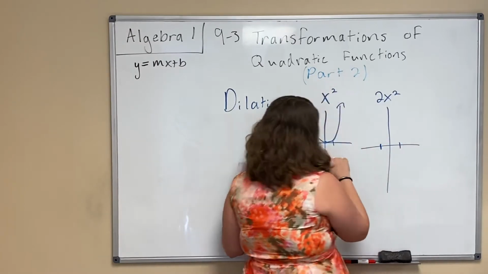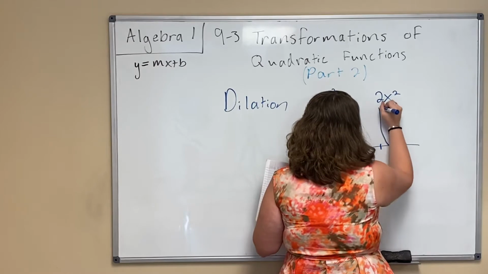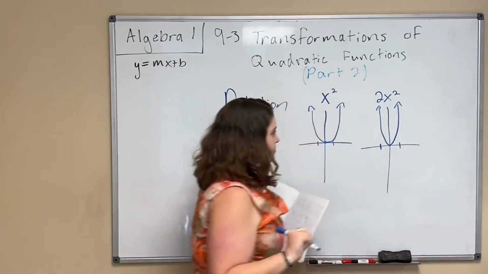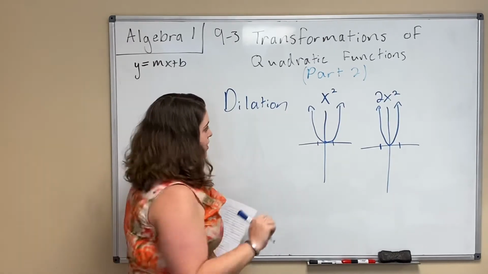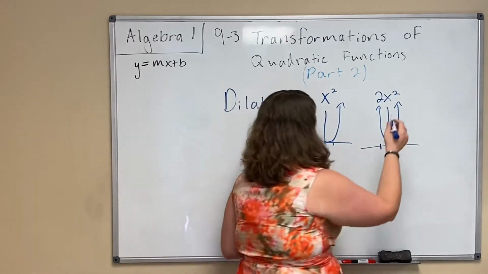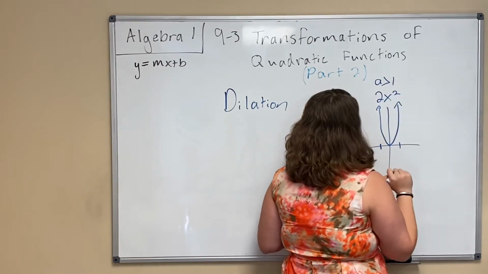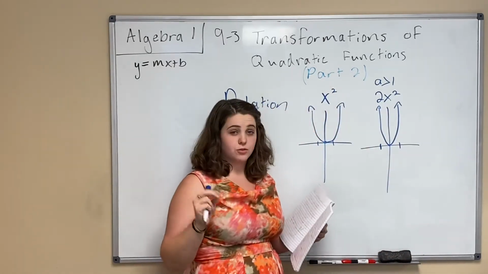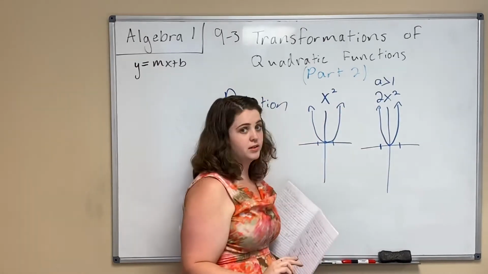So whereas this one is this wide, this one is going to look more like this. Now that's if I'm multiplying by an a that is greater than 1. If a is greater than 1, this number out to the side of x squared is greater than 1, it's making my graph narrower.